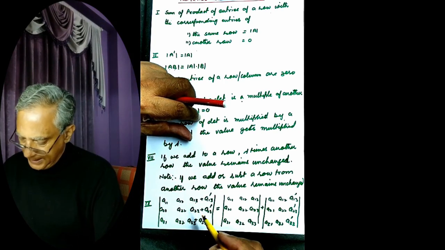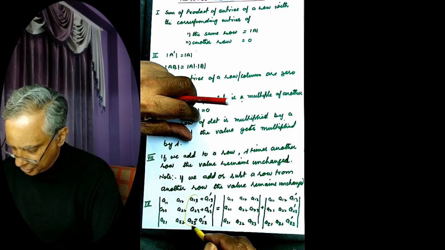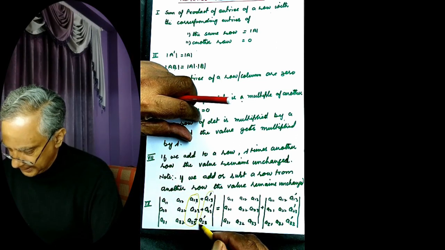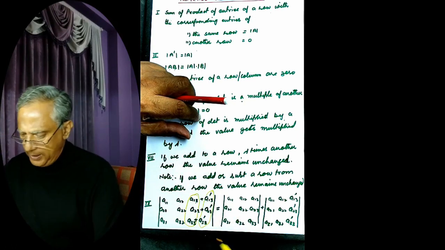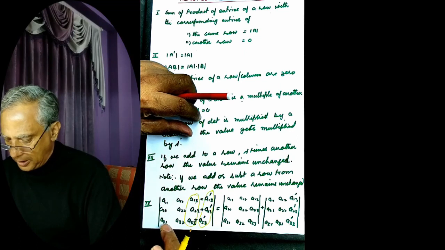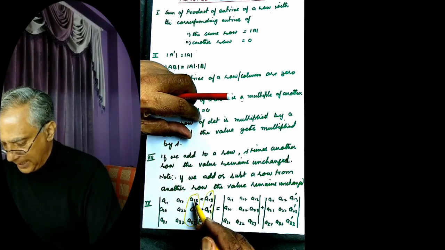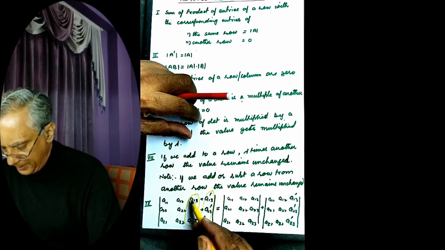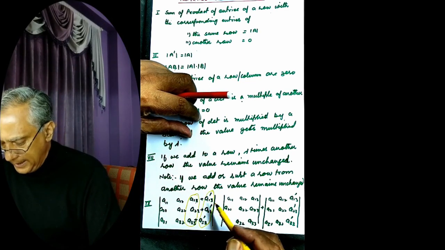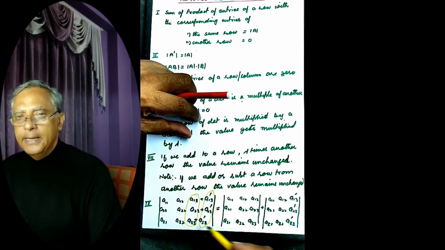The last property I am going to take up is this. Here what we see is this column is the sum of these entries and these entries. What we do is this determinant will be the sum of two determinants. In one of them, this will be the column and the rest will remain the same, and in the second, this will form the column and the rest will remain the same.